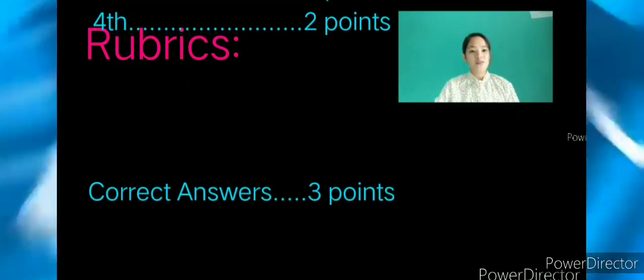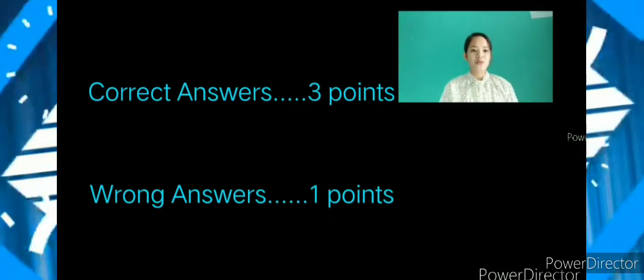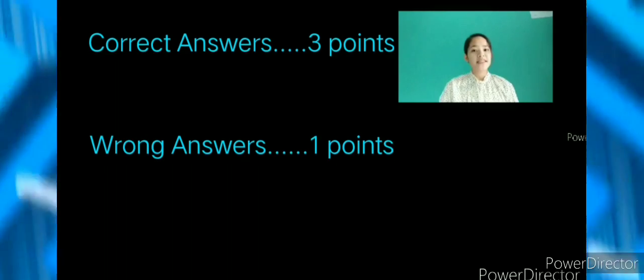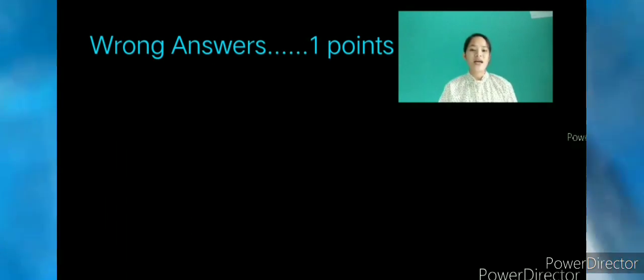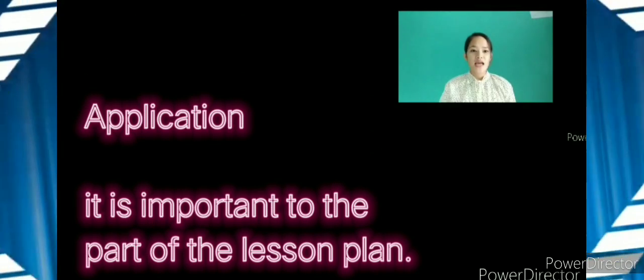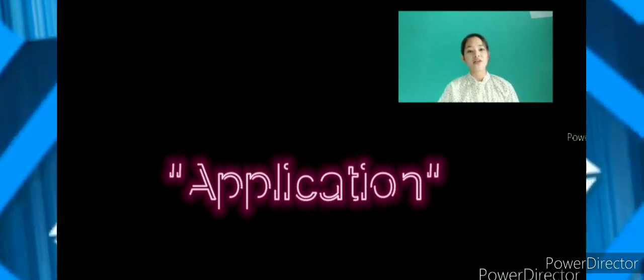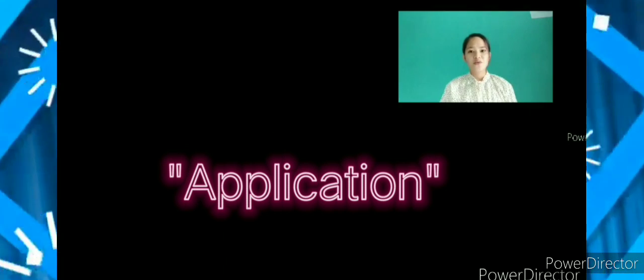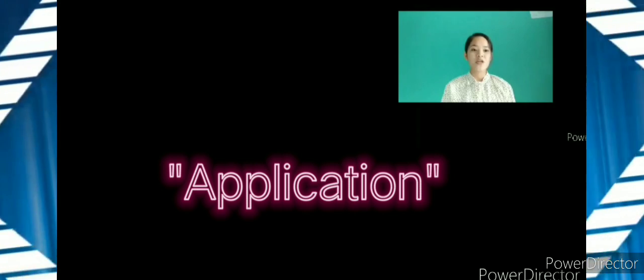The group that gets the correct answer will be given 3 more points, and the group that did not get the correct answer will have only 1 point. So application is important in the lesson plan, because it will give students knowledge and learning, and they will also be motivated by the lesson that the teacher will discuss. And that's all.